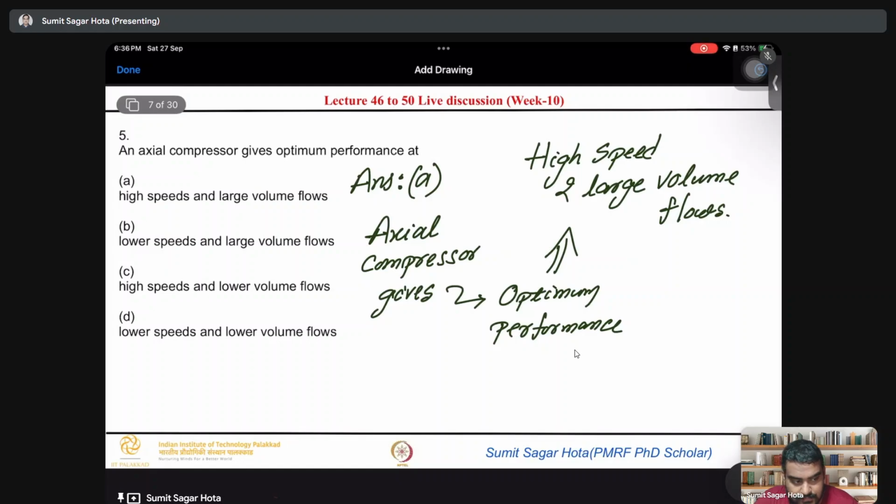So an axial compressor gives optimum performance at what? High speed and large volume flows.